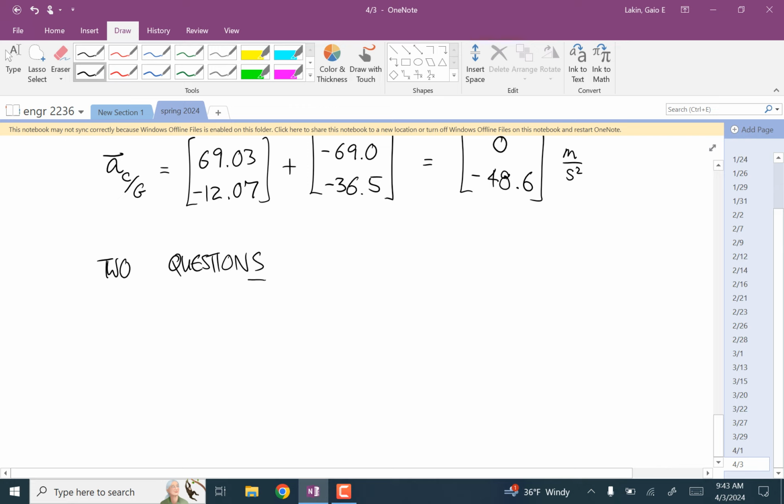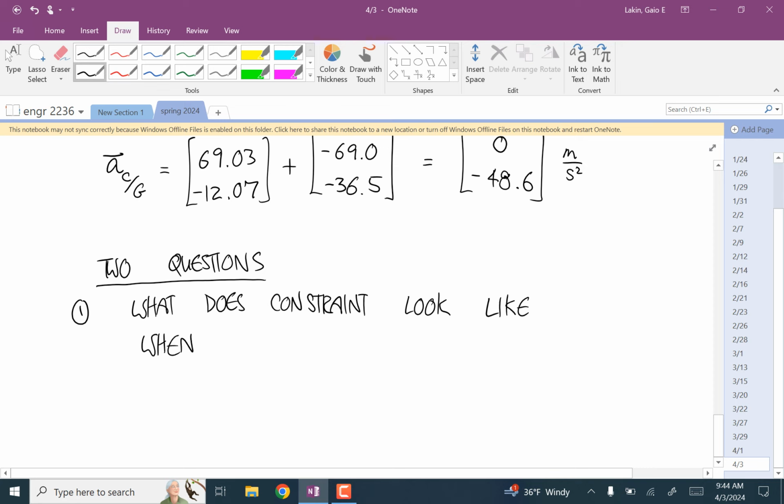So two questions. First, what does the constraint look like when the path of a joint, like the slot of a pin in a slot joint, isn't along X or Y?